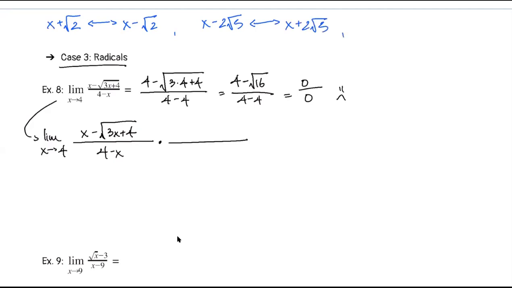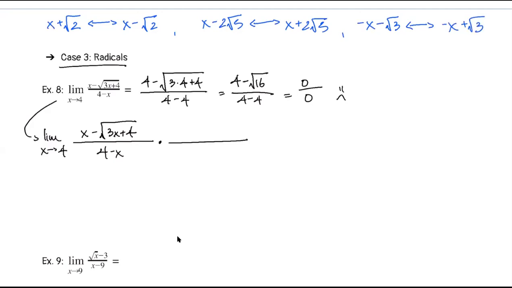Now, what about this? What is the conjugate of that? Good.